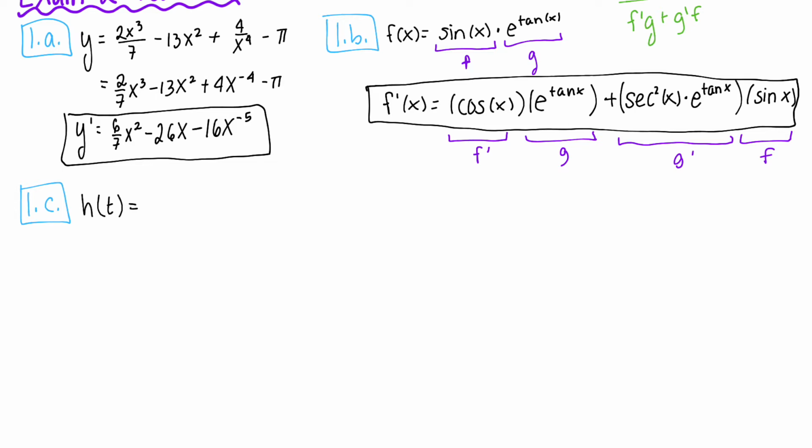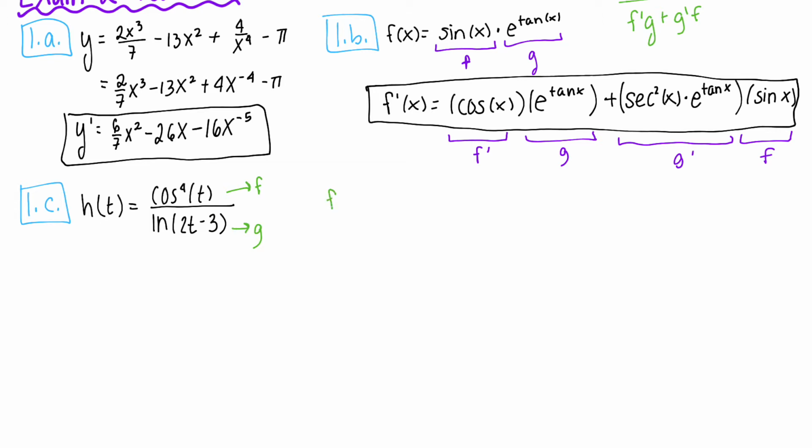All right. So for 1c, that's h of t equals cosine to the fourth of t all over ln of 2t minus 3. Now, it might help to rewrite this a little bit.